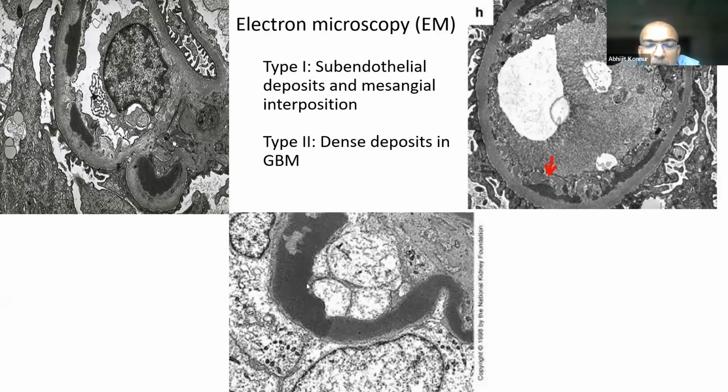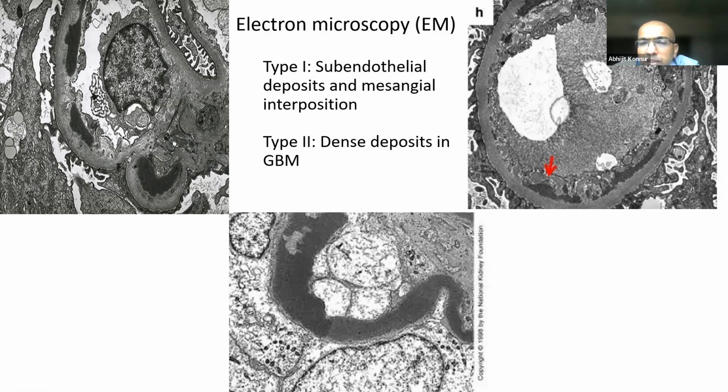And then in the lower slide, you actually have this depositing linearly. You can see it's like a strip that occurs. And this is typically seen in dense deposit disease in the glomerular basement membrane.